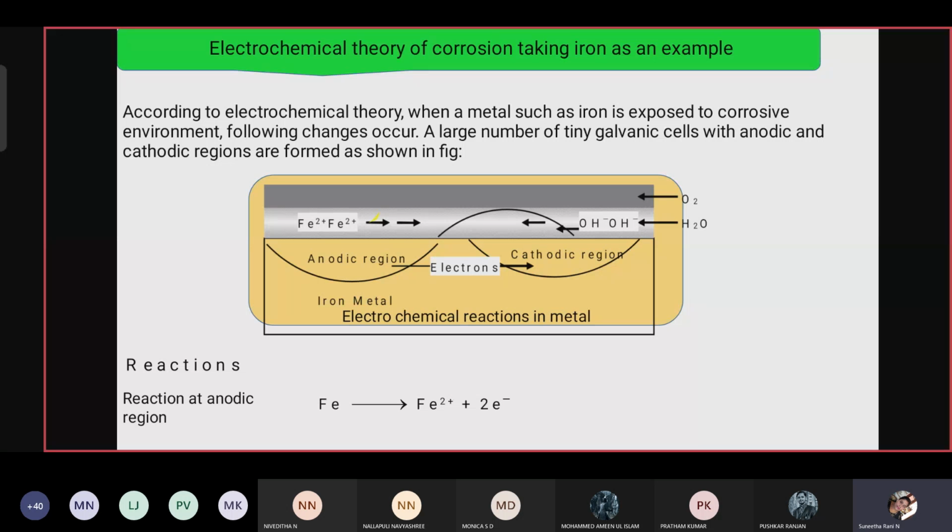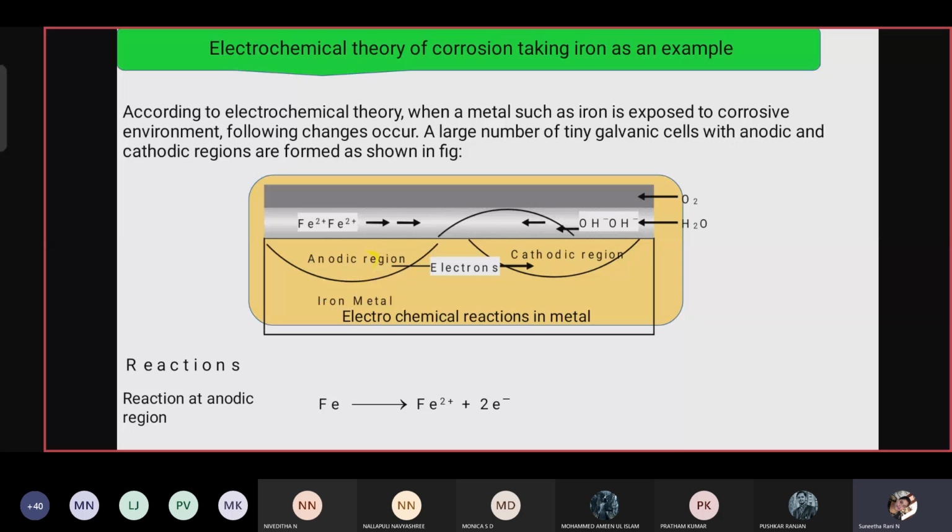Whatever the metal, corrosion occurs only in the anodic region. This anode portion is the only part affected by corrosion, and you can see destruction in the surface.